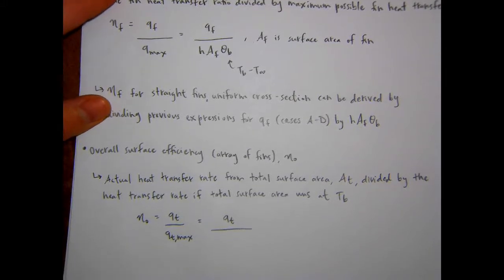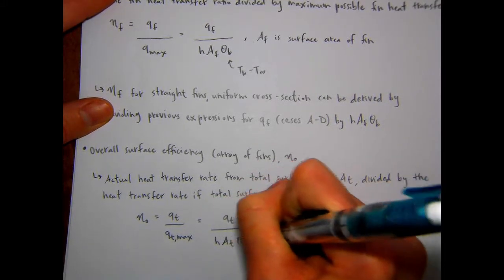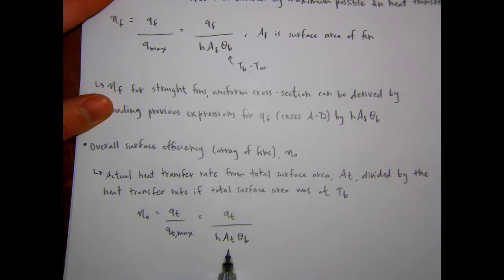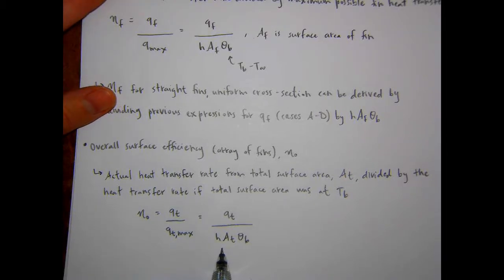That's Q_T divided by h A sub T theta B. So here we just have, instead of the cross-sectional area, or the surface area of one fin, the entire surface area of the entire fin array.